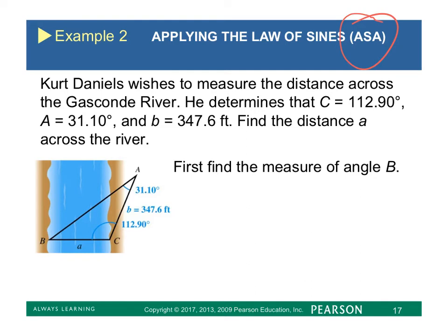Word problem. Kurt Daniels wishes to measure the distance across the Gasconde River. So there he is. He wants this distance here.